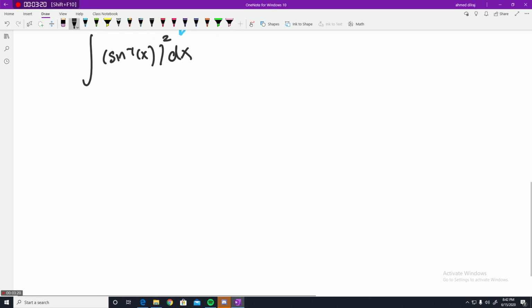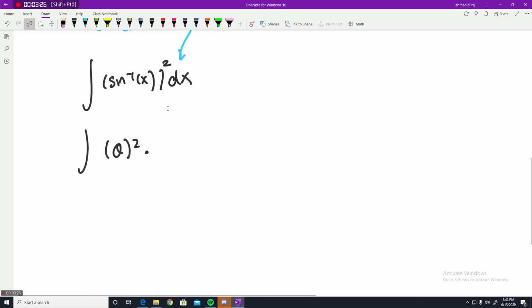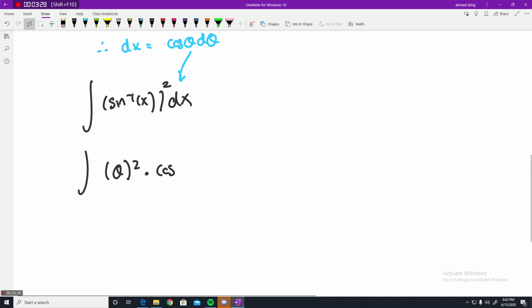So we end up with theta squared times cos theta d theta. So now our function is the integral of theta squared cos theta d theta.